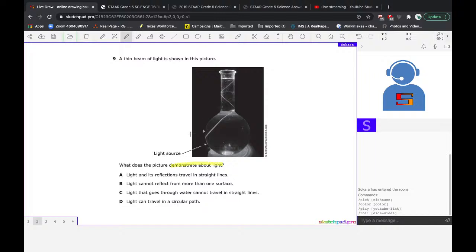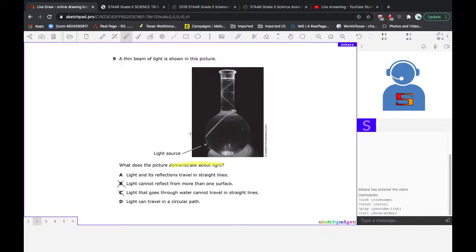Let's check option C. Option C says light that goes through water cannot travel in straight lines. As we talked about before, the light is actually traveling in straight lines, so let me mark that as incorrect, and let me also mark B as incorrect. Option D is saying light can travel in a circular path.